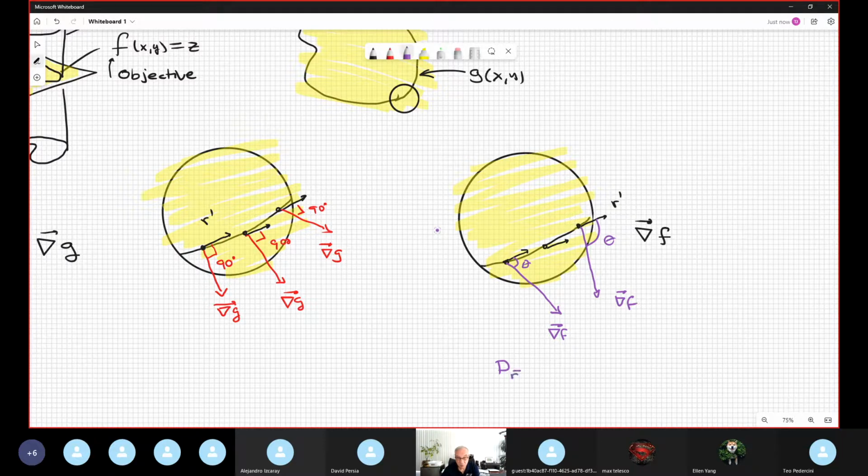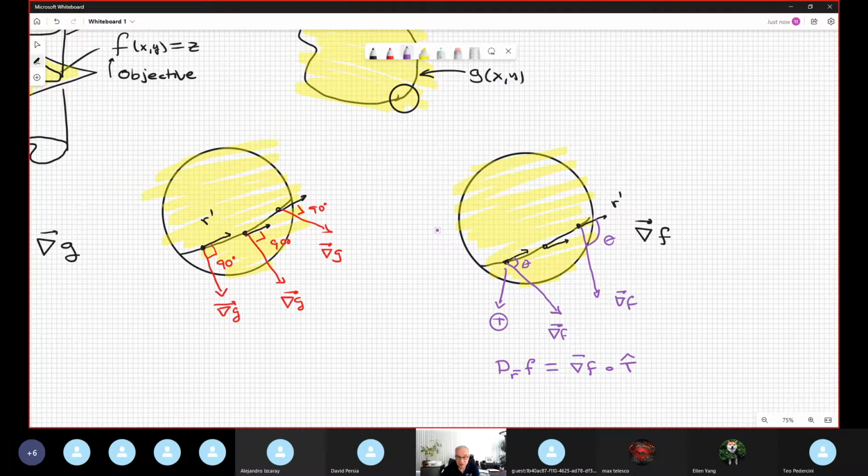The directional derivative of the function f is the dot product of the gradient with the unit vector. In this case, the unit vector for the direction of the tangent is the unit tangent vector. So it is obvious that this directional derivative in this case is positive because the angle is less than 90 degrees.